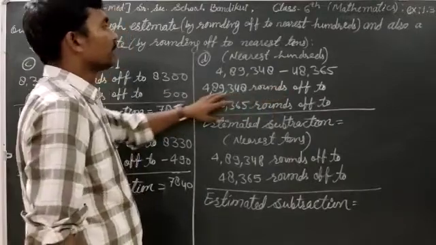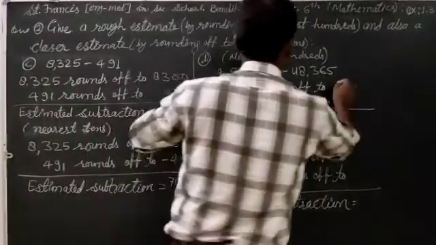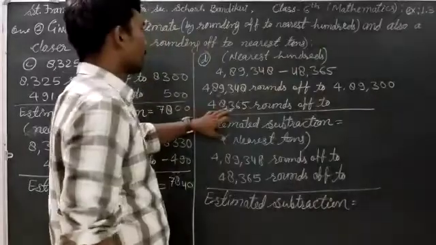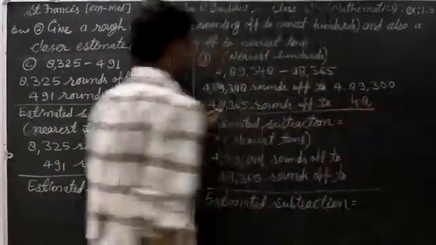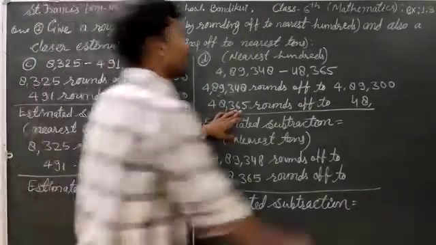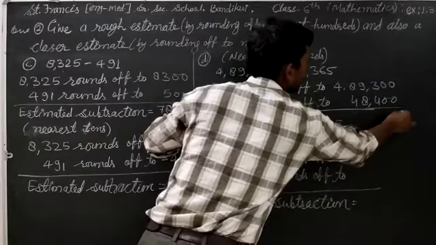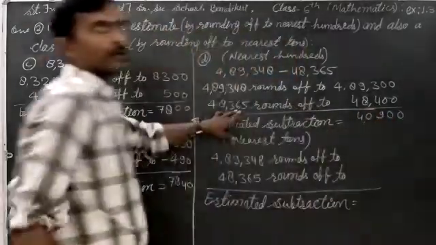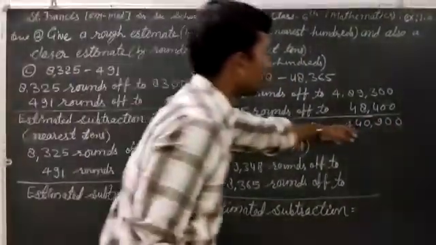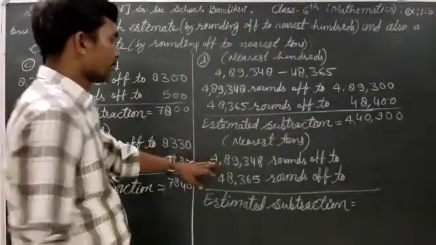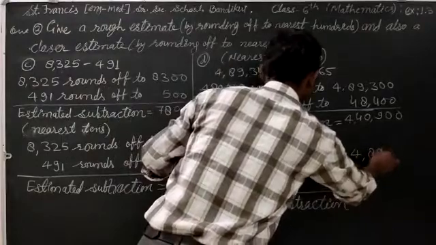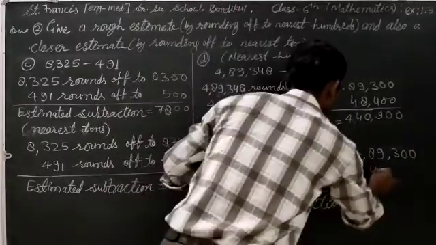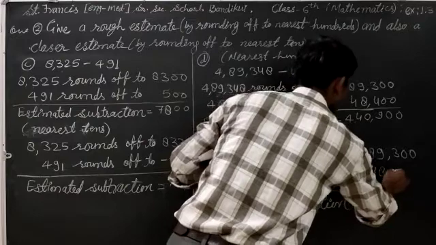In the nearest 100, 4,89,348 rounds off to 4,89,300, and this number will be 48,400, and the estimated subtraction will be 4,40,900. In the nearest tens, this number will be 4,89,300 and this will be 48,370.